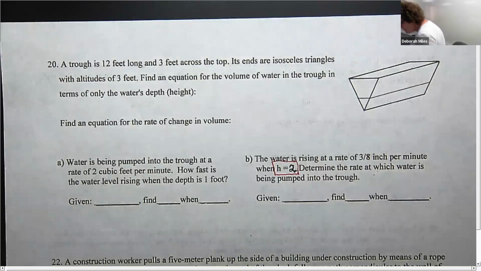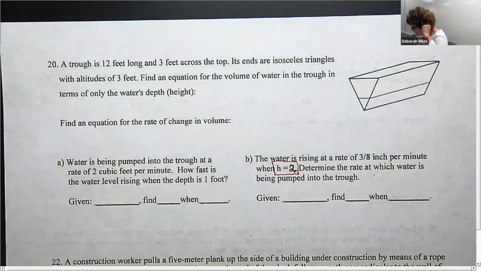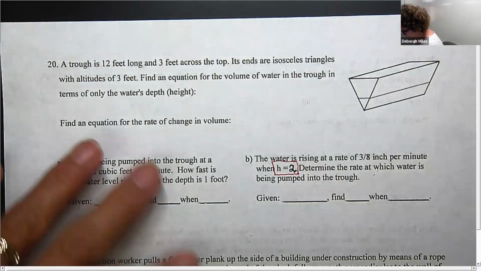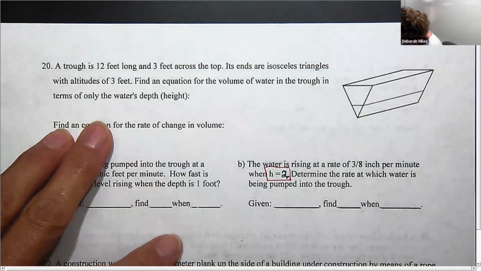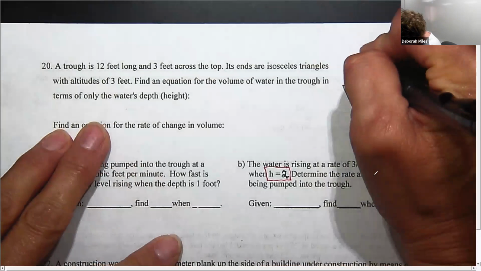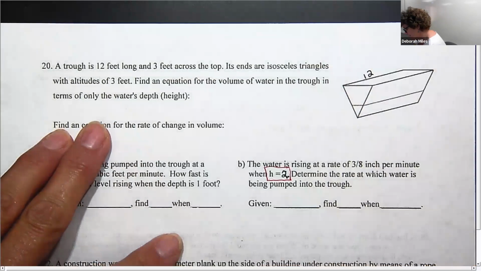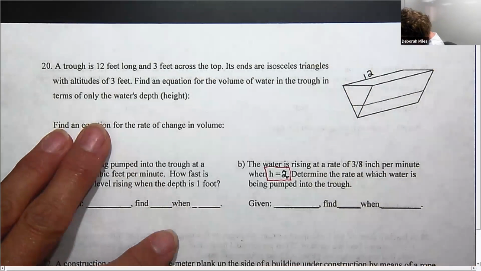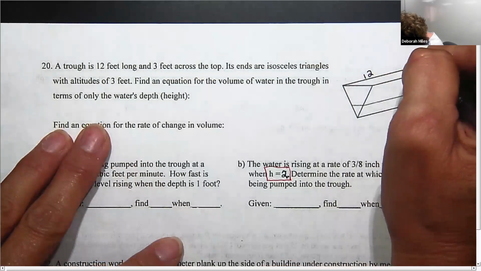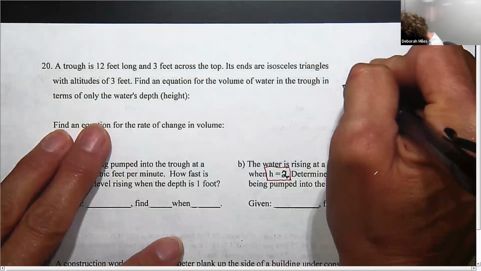A trough is 12 feet long and 3 feet across the top. Can you label that on your picture? The length of the trough is 12 feet and 3 feet across the top. That means this is 3, that's 3.